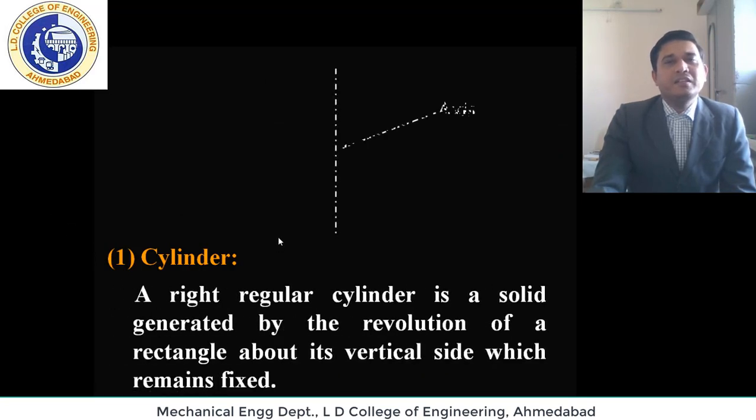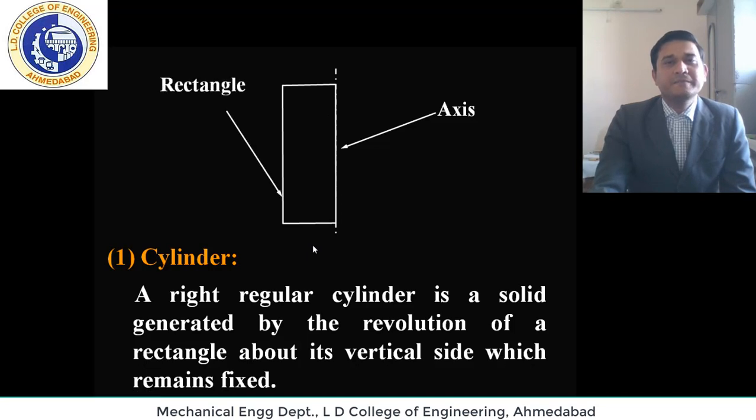If we have a rectangular plane, you just see this is the rectangular plane, and we consider that one edge of the rectangle is fixed, and now we rotate this rectangle about this edge, the longer edge of the rectangle. Then what happens? You see that it is rotated, and this is the form of the cylinder. This is the cylinder.